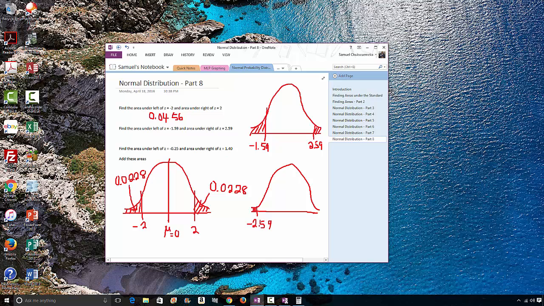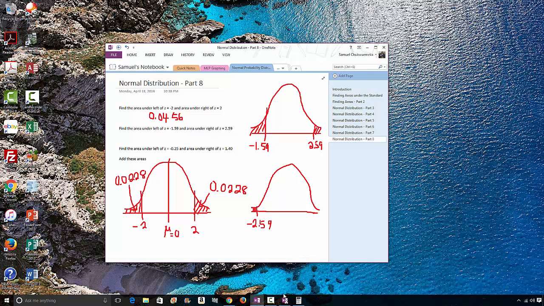Now this is symmetrical. So that's fine. To find this, we find this area first, we keep it, and then we find this area. This is one way to find it. We have another way to do this, but this is an easier way to do it.